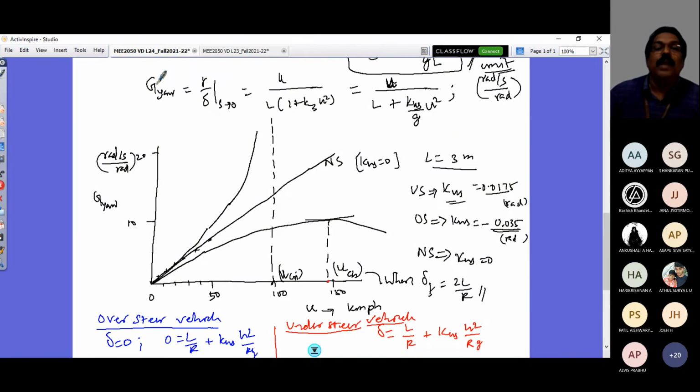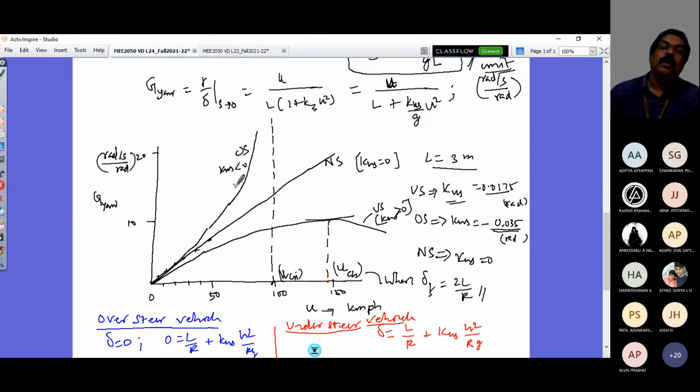That's the meaning. So if I have my yaw velocity gain for an oversteered vehicle, it goes like that, where KUS is less than 0. Here it is of understeer tendency, where KUS is greater than 0.